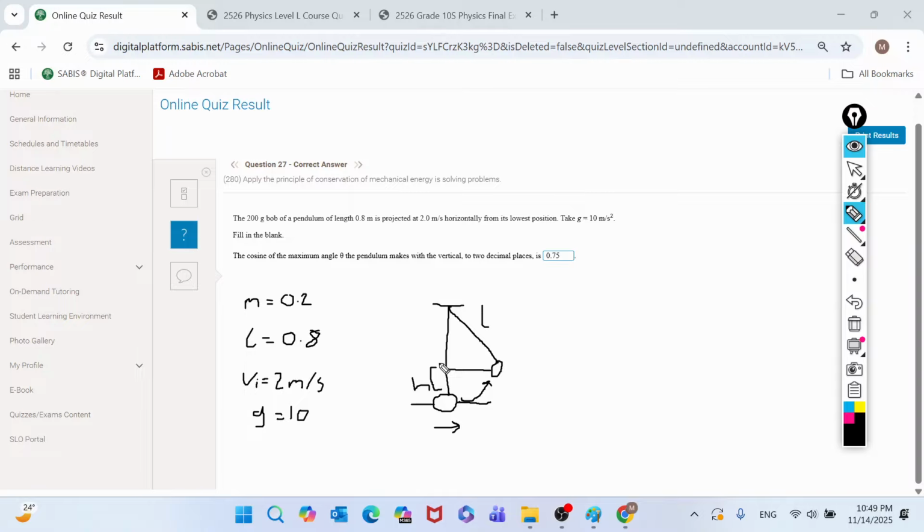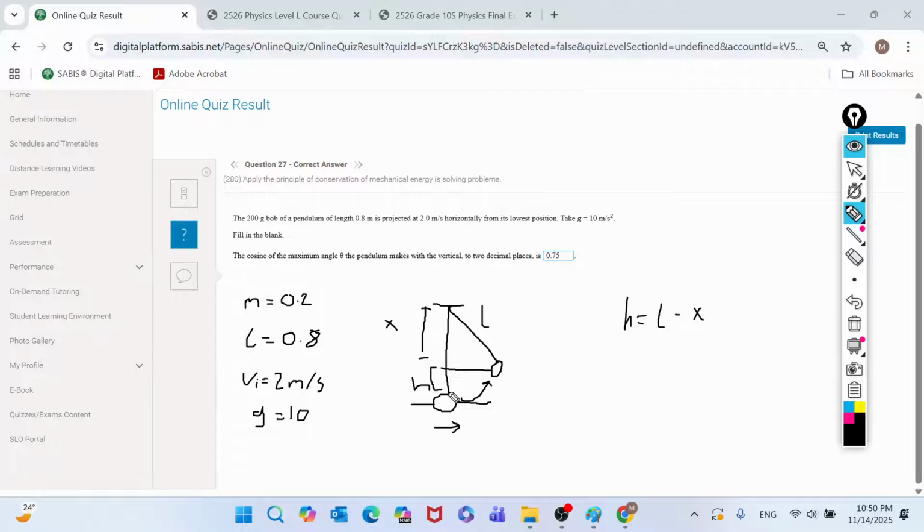And this part, we'll call it x. Okay, but yeah, height. So what do we know from this? Height equals the length minus x, because the whole thing is the length.